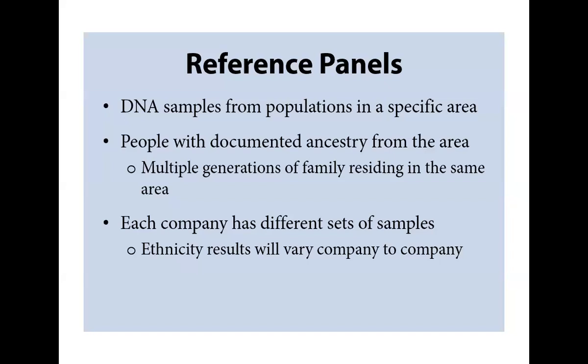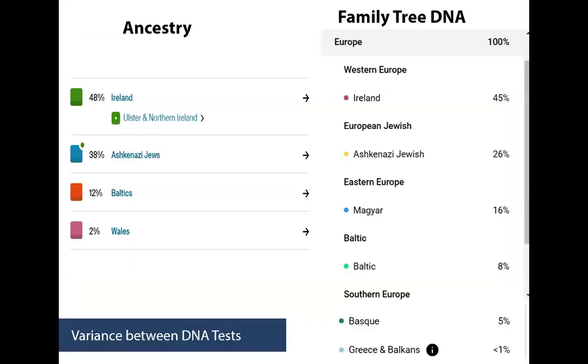We wouldn't want someone that's moved from several different regions or countries. We want someone that's staying very static. That's how they can tell you how much Polish or Eastern European you might be, for example. Each of these companies has its own set of samples, and some of them will have higher numbers of people that have tested in certain populations. That's why it explains the variance between the different tests.